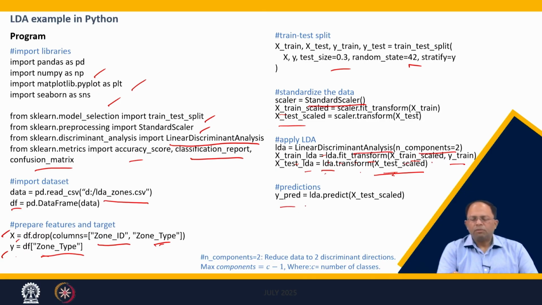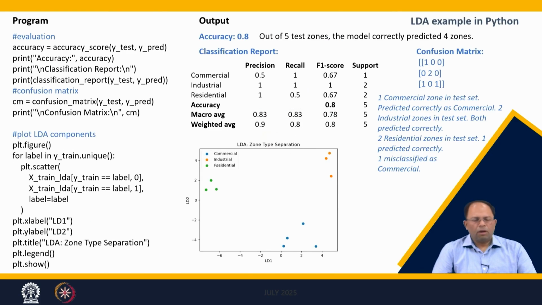So y_pred equals LDA dot predict x_test_scaled. That means we are putting in this x_test_scaled data and using it to do the prediction. Once we have done the prediction, we can calculate and print the accuracy score, classification report, confusion matrix, and so on.